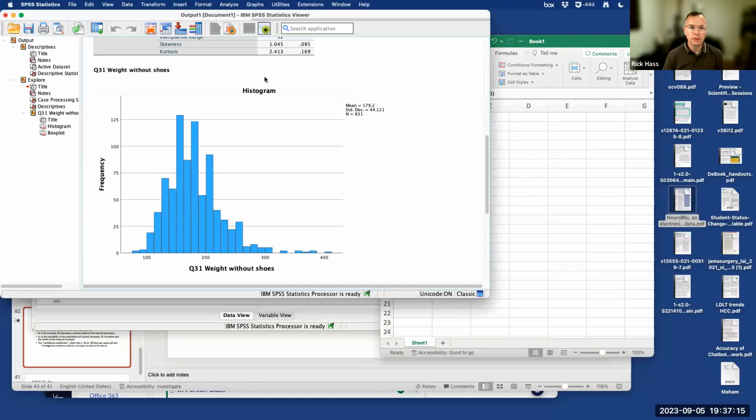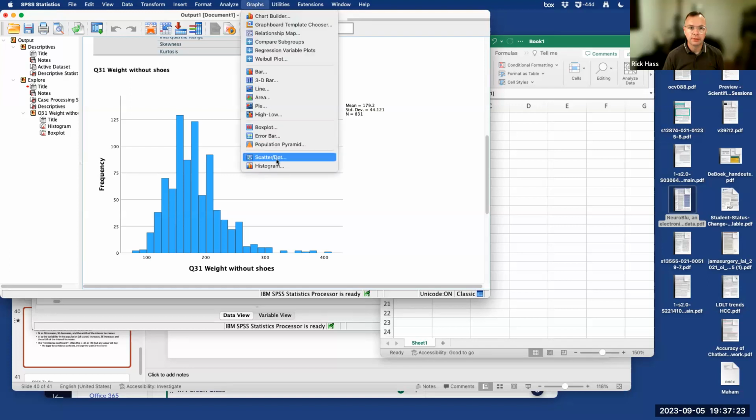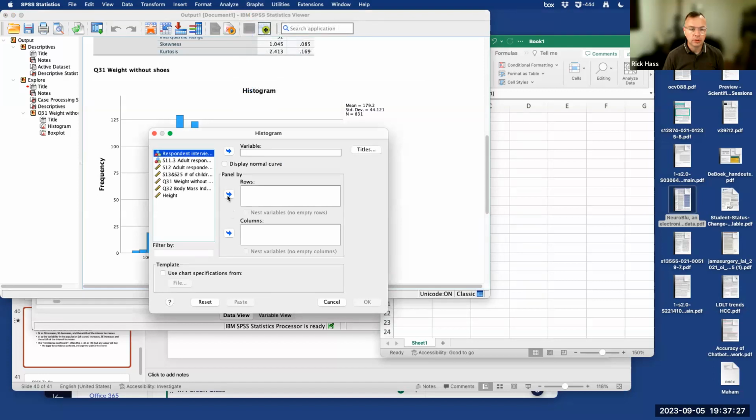Okay, there's another way to get a histogram without using Explore, and that's by going graphs all the way down to histogram. This one's cool because you can also panel it just like you did. You can make different colors, different groups. Or excuse me, make different histograms for different groups. So we're going to do that right now.